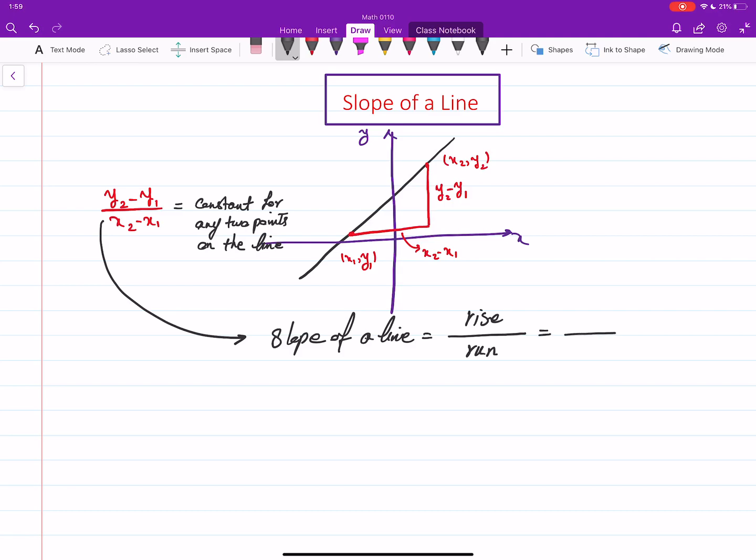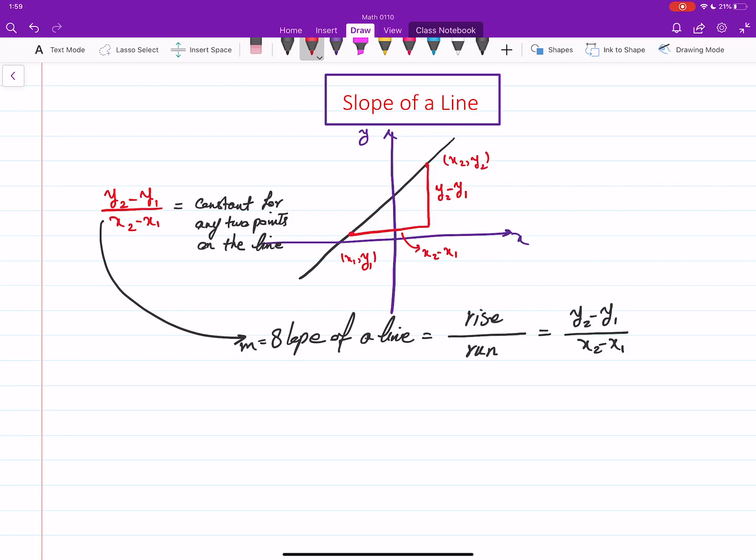In other words, you pick any 2 points from the line, find the difference of y's, the second coordinate, and the difference of x's, find the ratio, and that gives you the slope. Usually we denote the slope of a line by m.